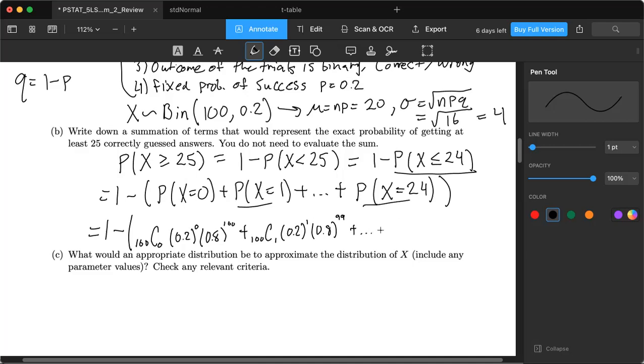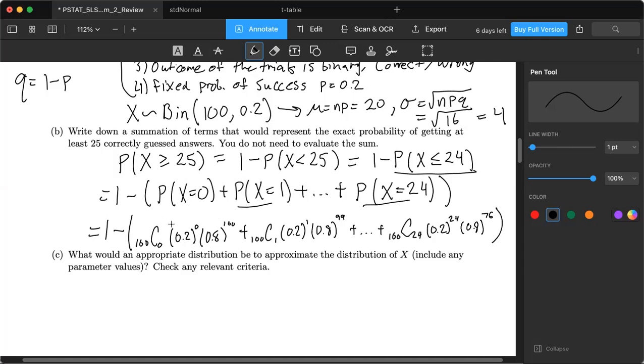Then this term, we would have plus 100 choose 24, times the probability of success, 0.2 to the power of 24, times 0.8 to the power of 100 minus 24, which is 76.